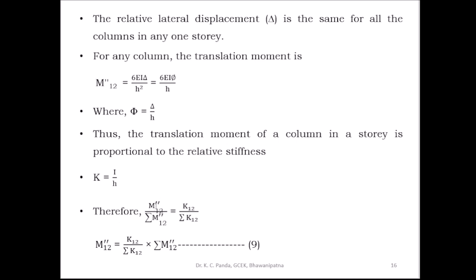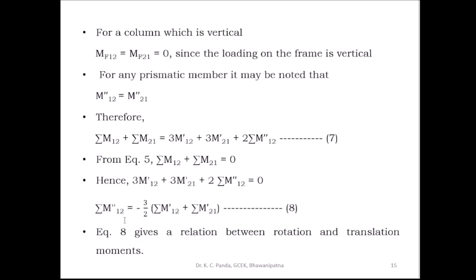Therefore, M''12 divided by summation of M''12 is equal to K12 by summation of K12. So M''12 is equal to K12 by summation of K12 into summation of M''12. As you know, summation of M''12 is equal to minus 3 by 2 into the summation of M'12 plus summation of M'21.